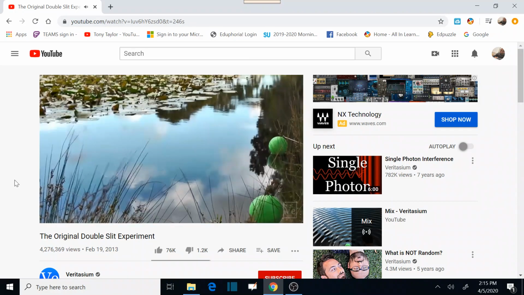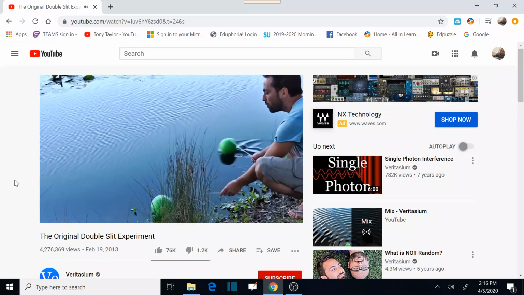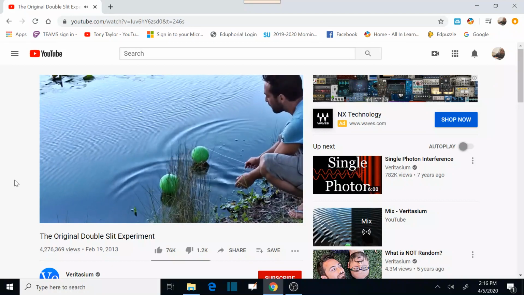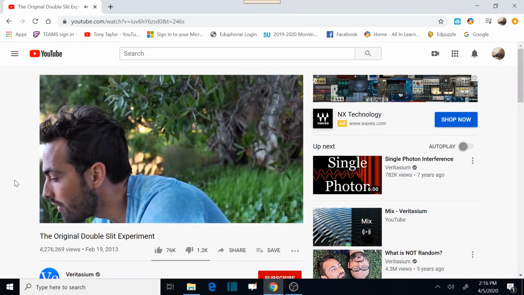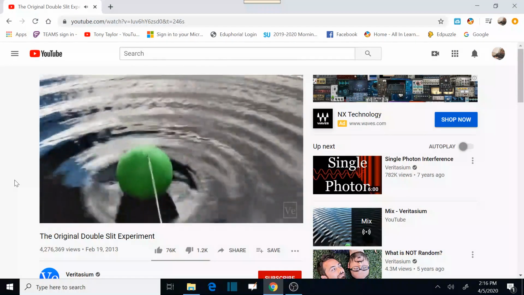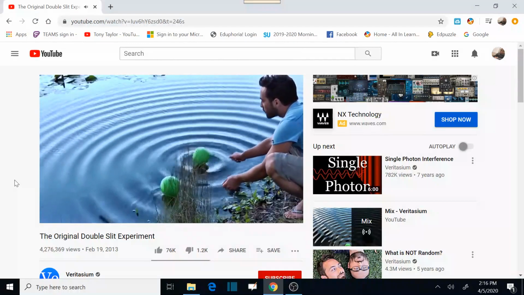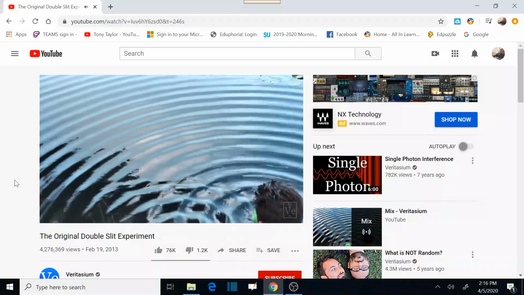I've got a demonstration here on a little pond where we can see this with water waves. I have two sources of ripples, which are basically like the two slits. When I create ripples with a single source, they travel out with circular wavefronts. Nothing particularly surprising there. But if I add a second source of ripples, then we start getting an interesting pattern.